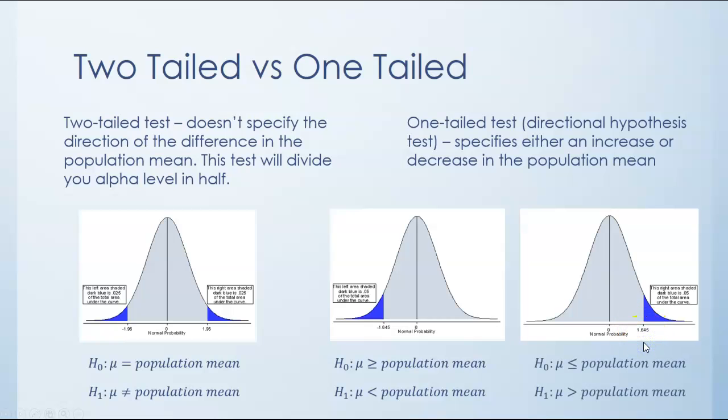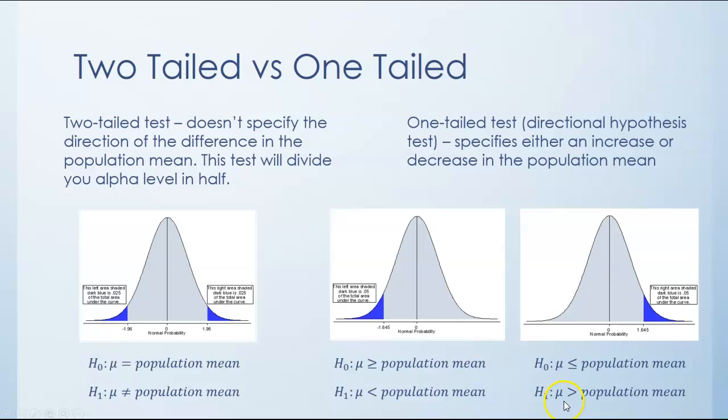And my null hypothesis and my alternative hypothesis, if I look at my alternative first, again, I'm saying that my mu is going to be greater than my population mean because I think that there's going to be an increase in my scores, which means that my null hypothesis is the exact opposite, which would be less than or equal to.